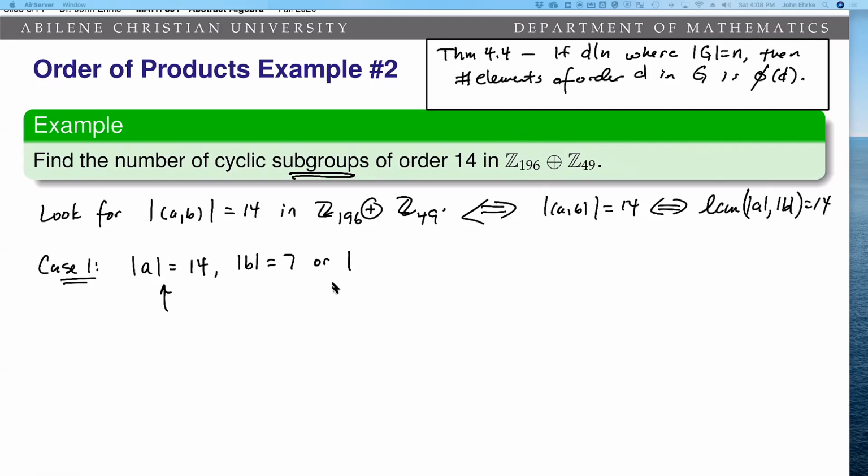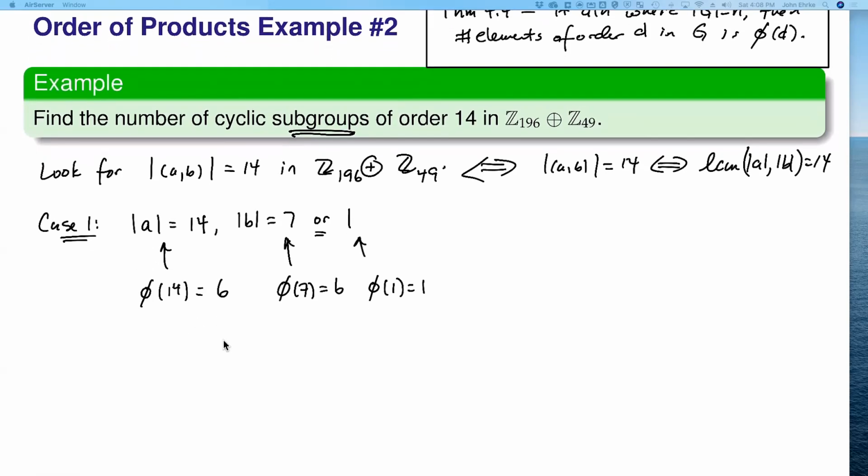The element a that has order 14, we know that there are phi of 14 of those. Phi of 14 is 6. That's the number of integers less than 14 and relatively prime to 14. There are 6 of those. We know that phi of 7 is going to be 6 also, and we know that phi of 1 is going to be 1. This OR is kind of interesting because I want to make sure you put this together correctly.